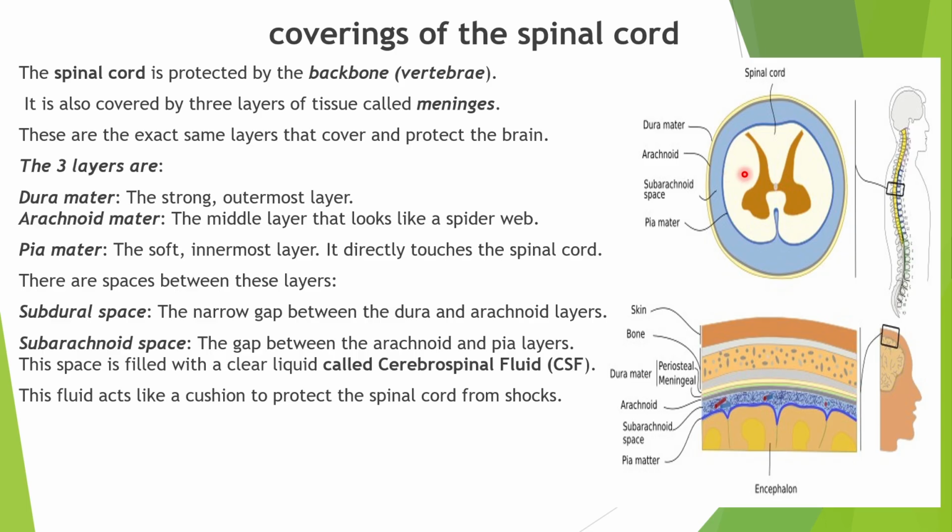So these three layers are the dura mater, which is the outer layer, the arachnoid layer, which is the middle layer, and the pia mater, which is the soft innermost layer. You can see here, this is the pia mater, this is the arachnoid mater, this is the dura mater.